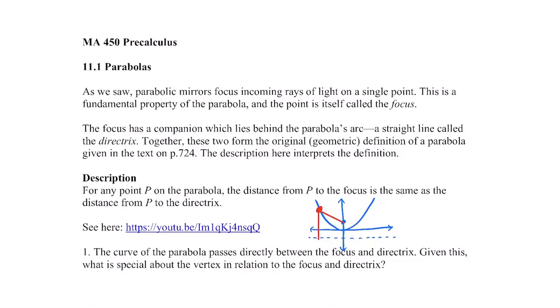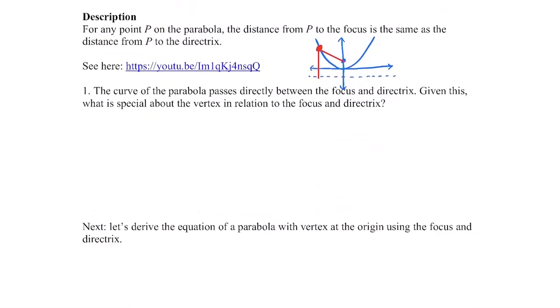1. The curve of the parabola passes directly between the focus and the directrix. Given this, what is special about the vertex in relation to the focus and the directrix? Well, let's sketch what we did just above, but in a slightly larger form.